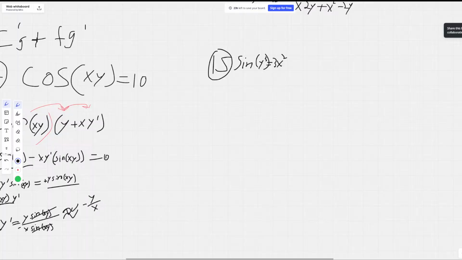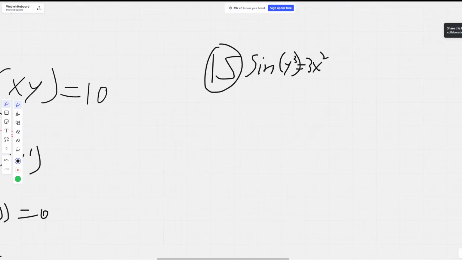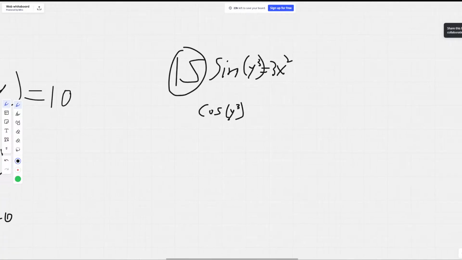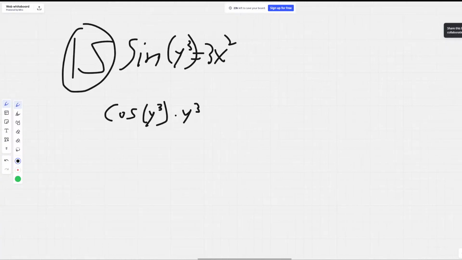Okie dokie. Well, start like we did with the last one here. Cosine y cubed times y cubed, yes. Right? Wait. Did I do it like that before? No, that's what it was written down.